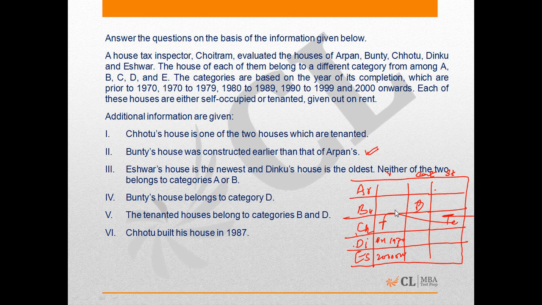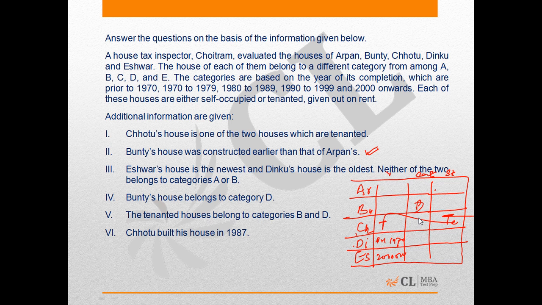The next statement states the tenanted houses belong to categories B and D, which means B and D are tenanted, as category D is assigned to Bunty's house.